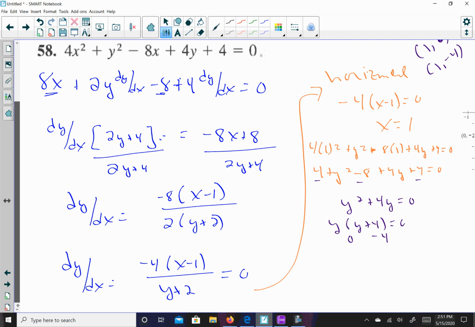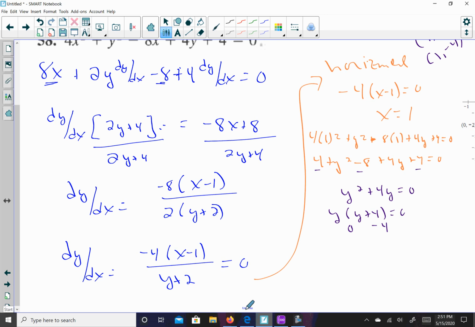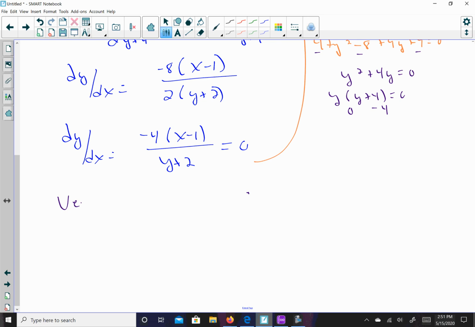To find the vertical tangent lines, vertical means that the slope is undefined. So if I have this rational equation, the only way it's undefined is when the denominator is equal to 0. So that's going to happen when y is equal to negative 2.